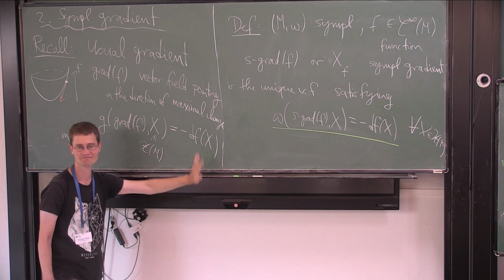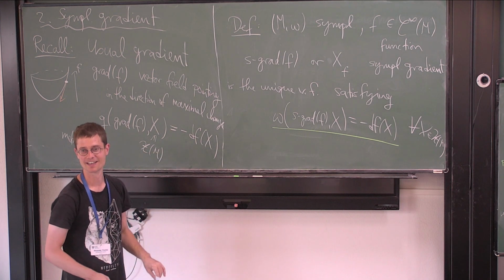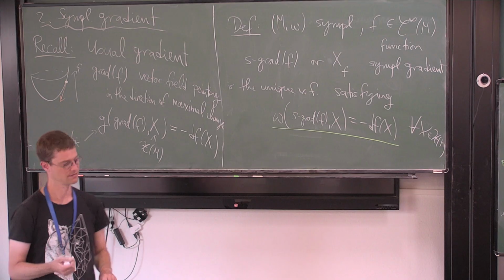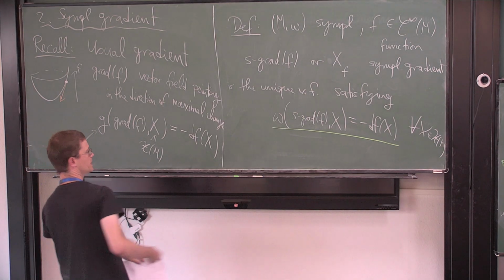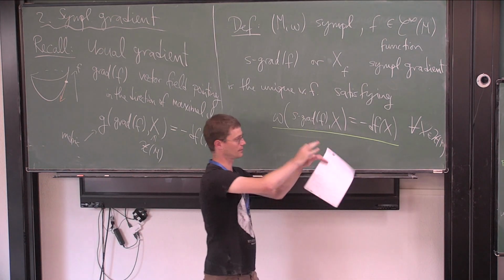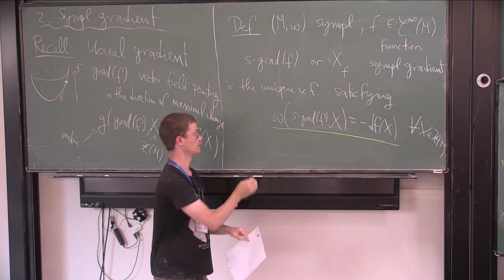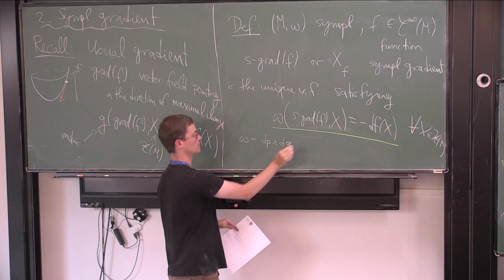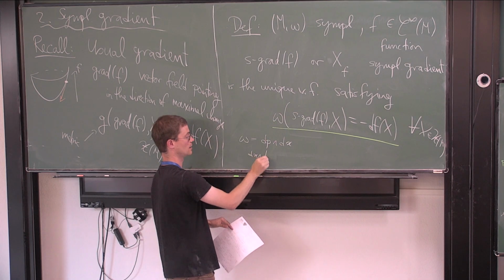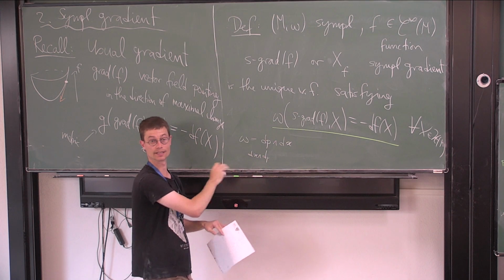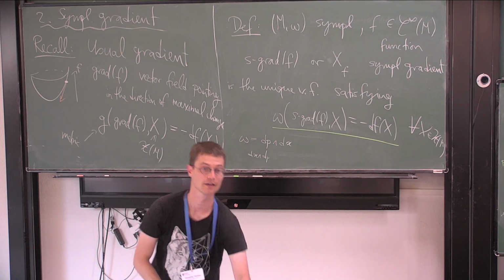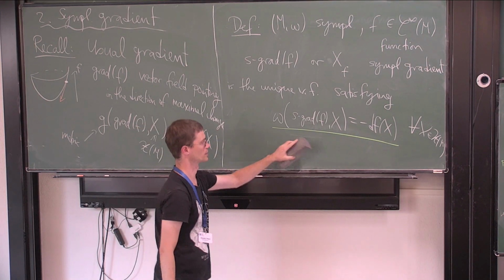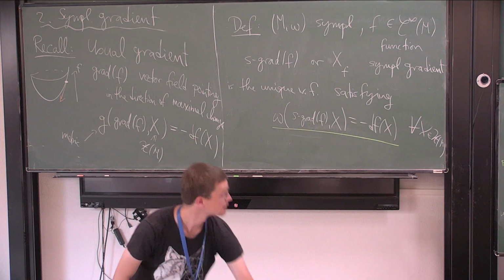Doesn't it also have something to do with the orientation of the manifold? You can put a plus sign here. It's just that later on there will be things. For example, I always say that this is the standard symplectic form, but you can also do dx dp, and then you get a minus sign. It's just to be coherent with everything. It's not that important that there's a minus sign.